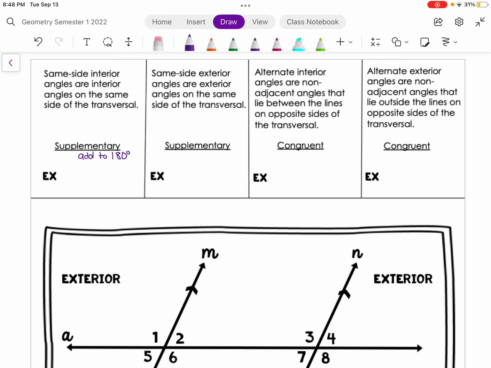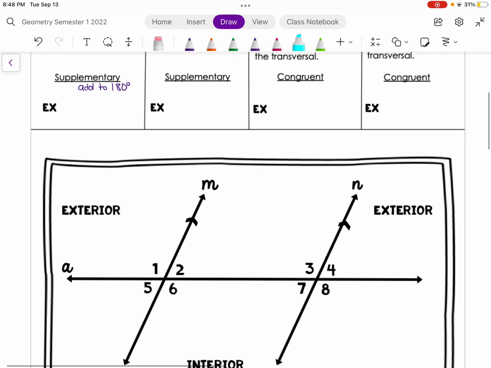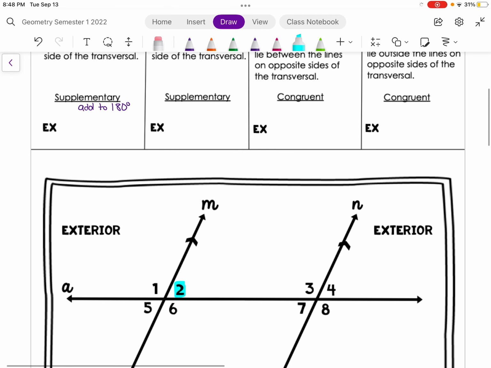Okay, so our first vocabulary word here is same side interior. So it's something on the same side and it's on the inside. So in our picture here, 2 and 3 are on the same side on the inside of the two parallel lines. So angle 2 and angle 3 are known as same side interior.